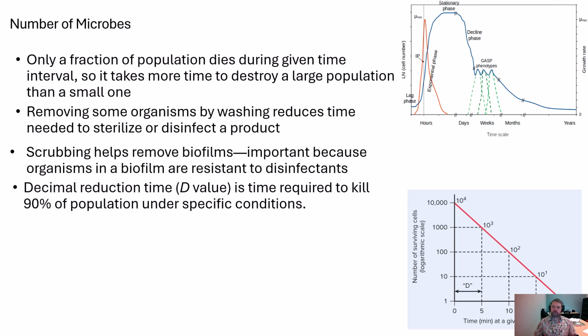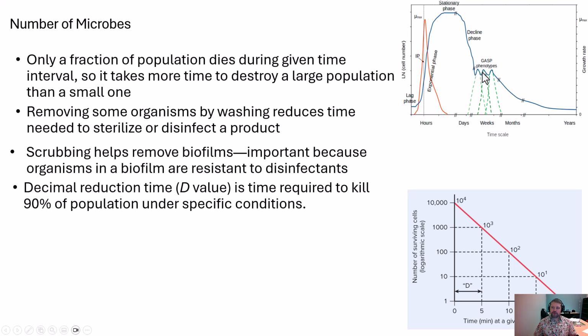And so what we don't want to see is something like this, where we have a microbe that's going through the lag phase, exponential phase. We treat it, and then after the treatment, we get a death phase, or a declining phase. But it's not enough. It's not that 90%.